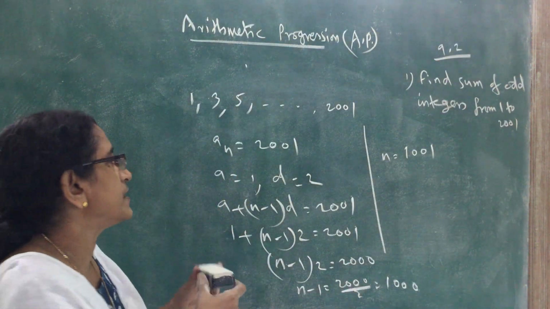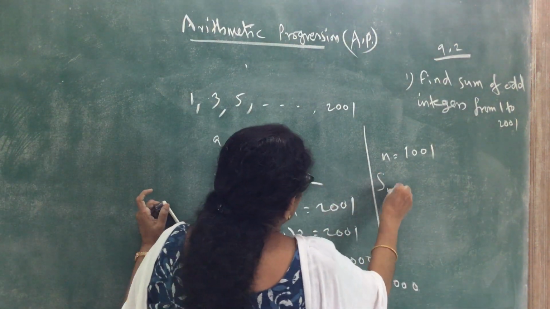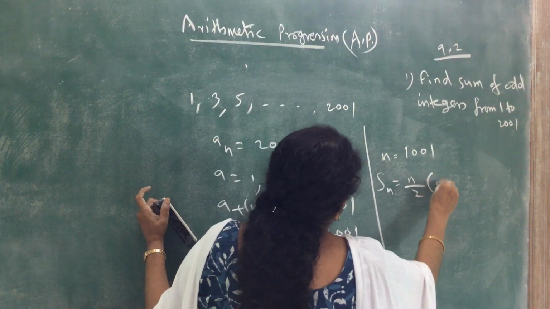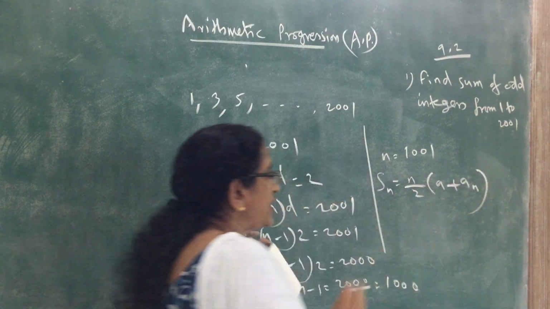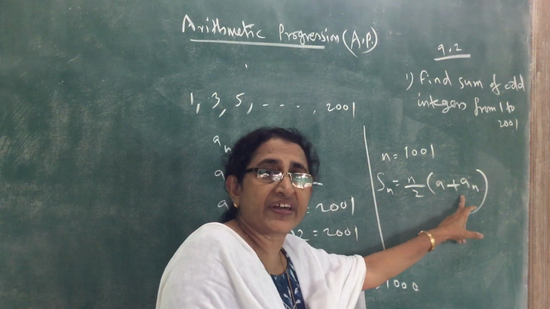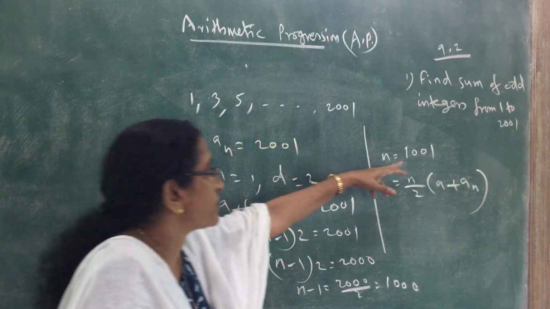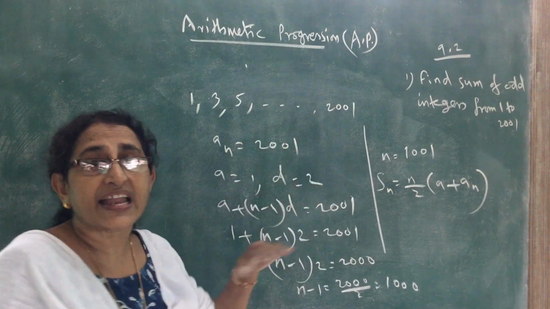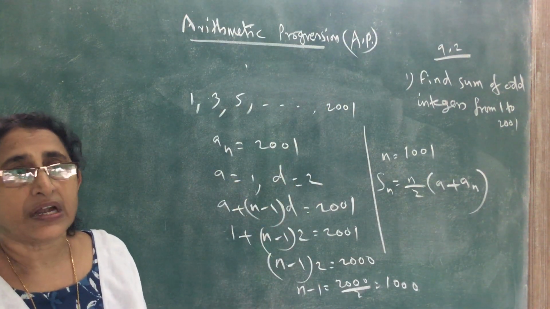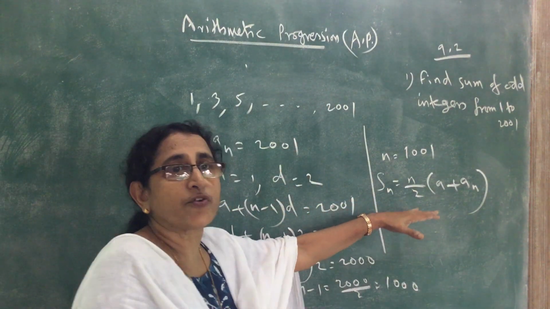Now we can use the formula Sn equal to n by 2 into a plus an. Here we know the last term, an or l we can write. In this AP there are 1001 terms, so this term is the last term or nth term. So we can apply this formula, that will be easier.